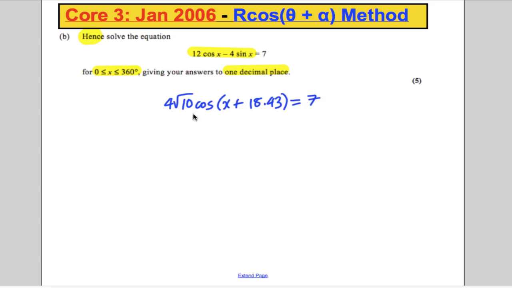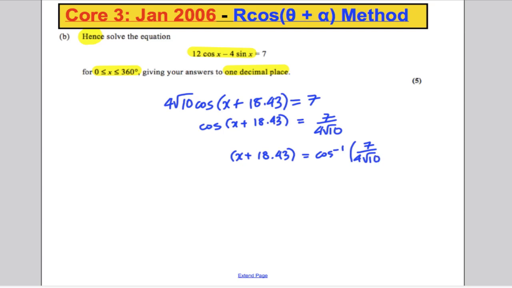I can solve that type of equation. I divide both sides by 4 root 10. Cos of (x + 18.43) is therefore 7 over 4 root 10. I take the inverse cos to get the principal angle, so I take the inverse cos of 7 over 4 root 10.